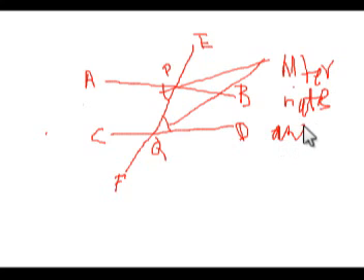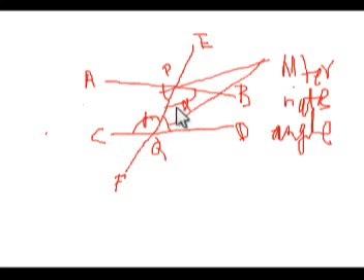The basic point here is that these are interior to the two lines and on opposite sides. And there are more alternate angles: angle BPQ and angle CQP. These are also alternate angles.